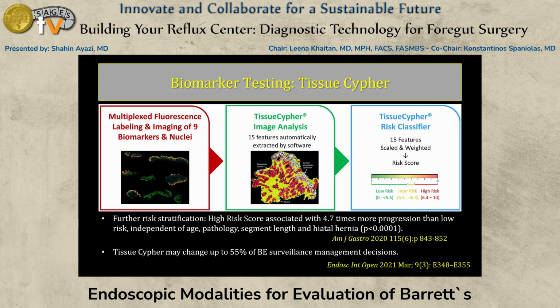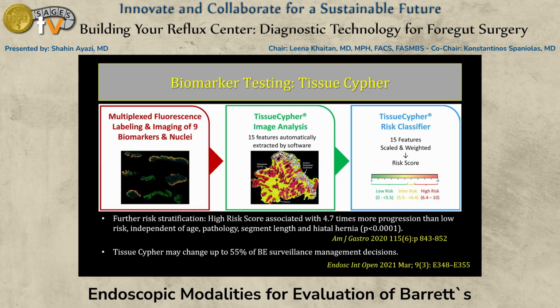By using that risk classifier, we would be able to predict the progression of metaplasia towards high-grade dysplasia or cancer within 5 years. So basically, it's a very solid tool to further risk stratify the patients.